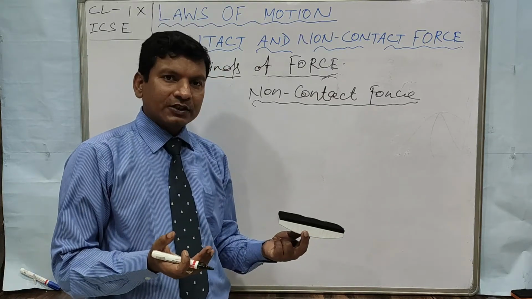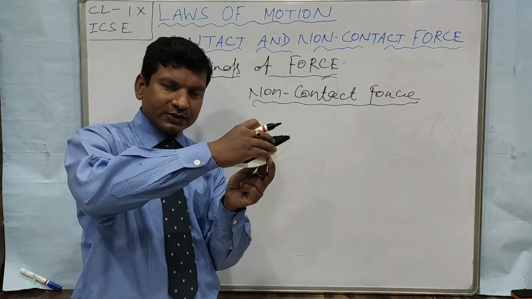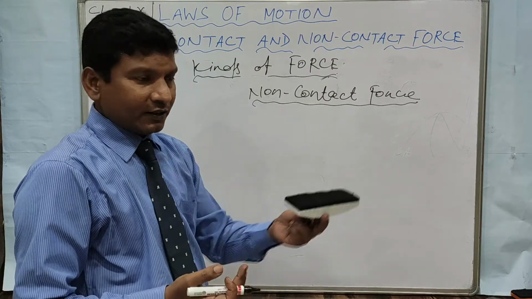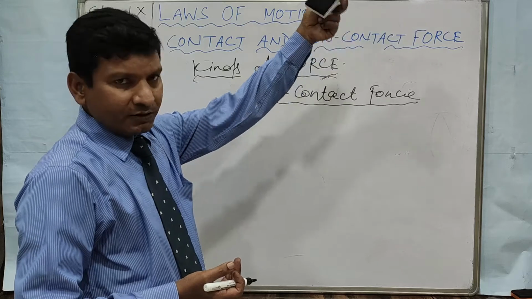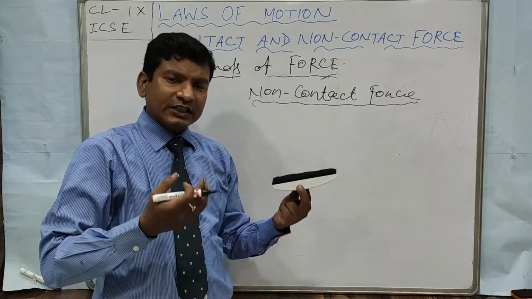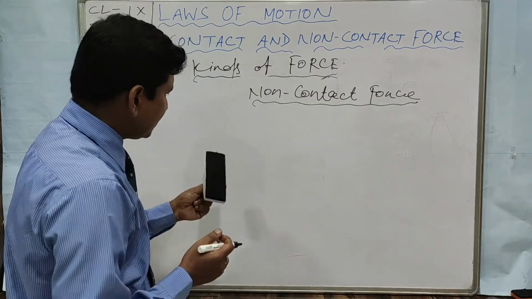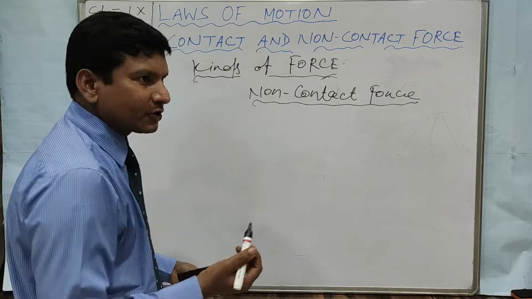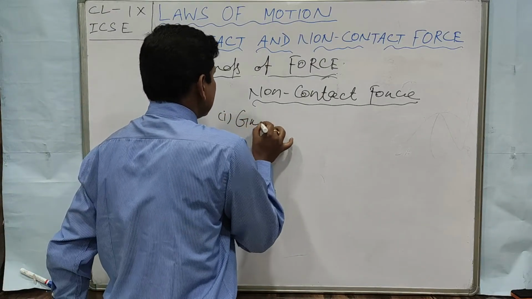Here the earth is not coming to catch the duster and take it towards itself. Rather, when I leave this duster, it moves because of the force of gravity, and this force of gravity is one of the non-contact forces. This is one example I have given. There are three examples of non-contact force. Number one, gravitational force.